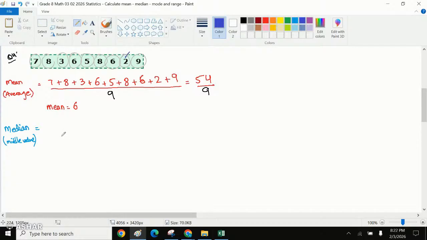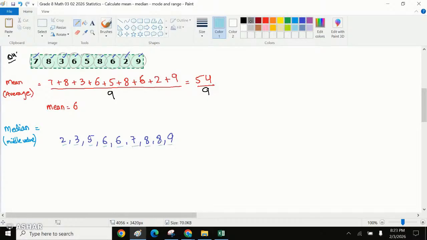Smallest was 2, then we have 3, then we have 5, then we have two values of 6, then we have a 7, then we have two values of 8 and 1 9. Agreed? Please count. 1 value, 2, 3, 4, 5, 6, 7, 8, and 9 values.